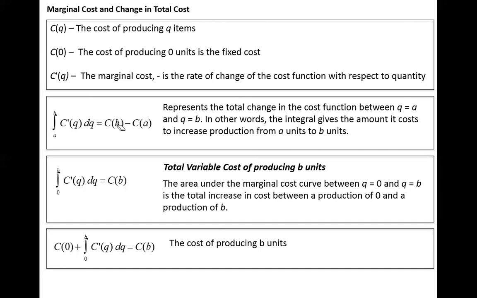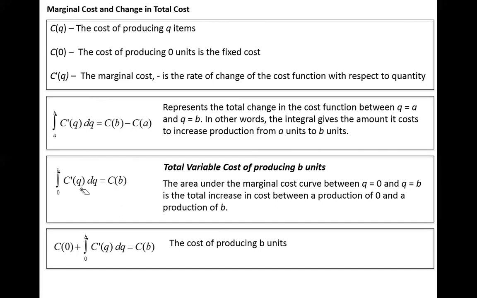The total change in the cost function between a and b means C of b minus C of a. We just find the difference of the values at the endpoints. One more time, the integral gives the amount it costs to increase the production from unit A to unit B.